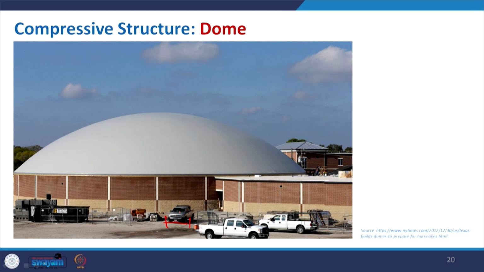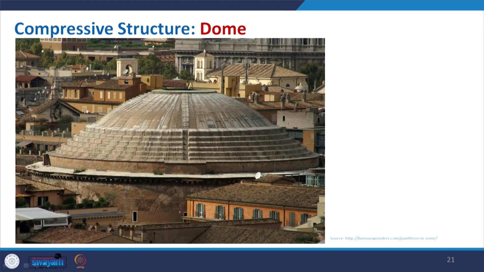It is not the case that this is only used in the present day; we have also seen this kind of use of the dome in history. This is a very rare view. Normally I have referred to this building, but not from this view. This is the Pantheon from Rome.